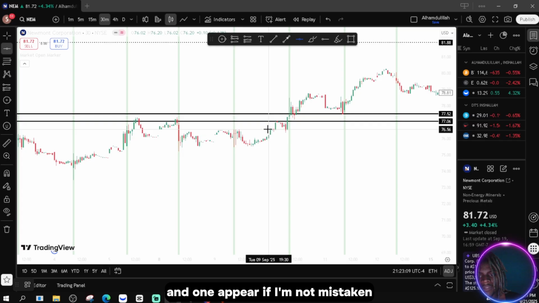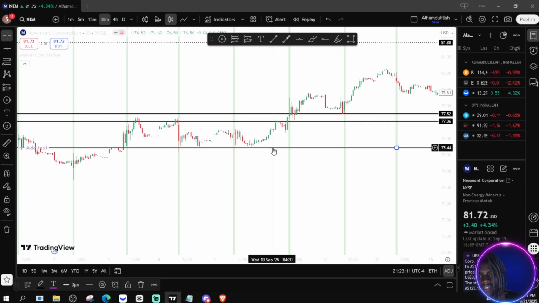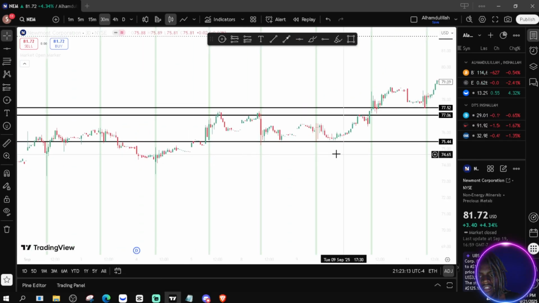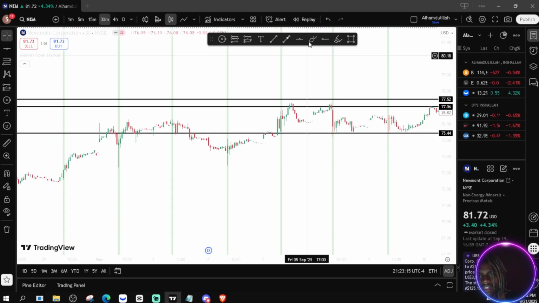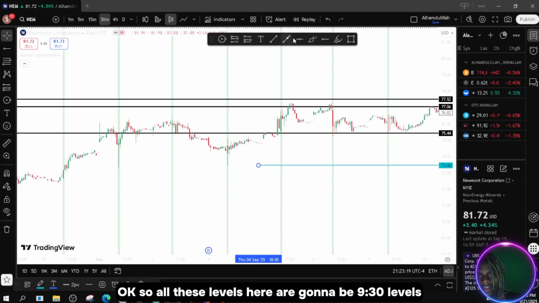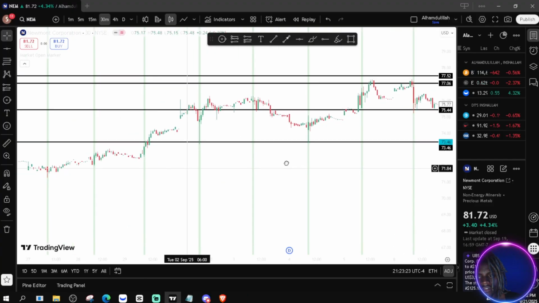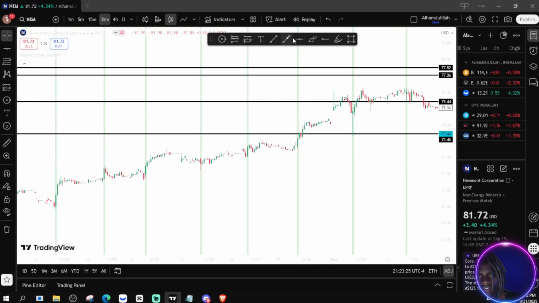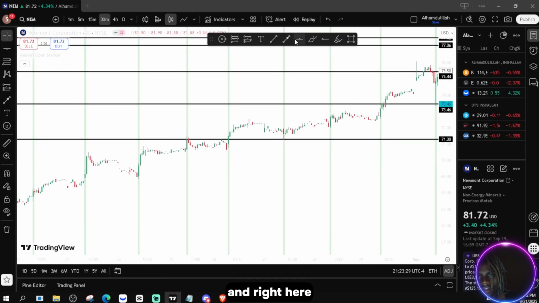And one up here, if I'm not mistaken. One down here. Okay, so all of these levels here are going to be 930 levels. Right here. And right here.